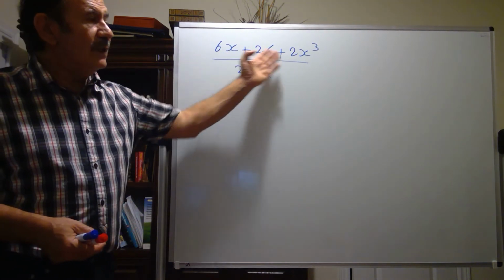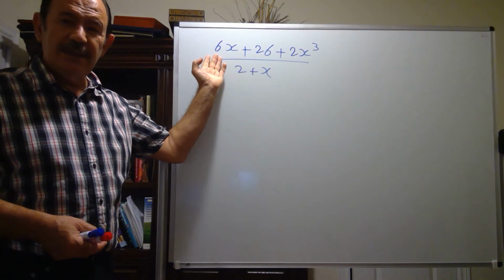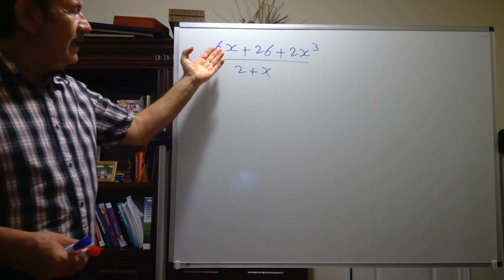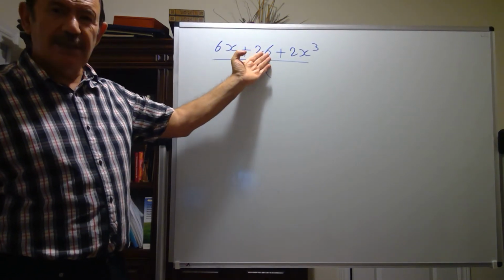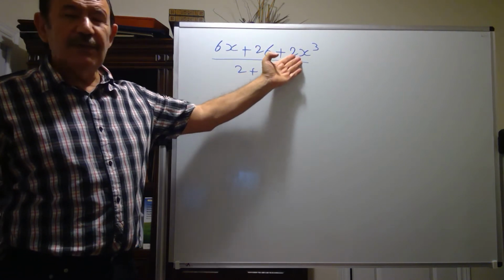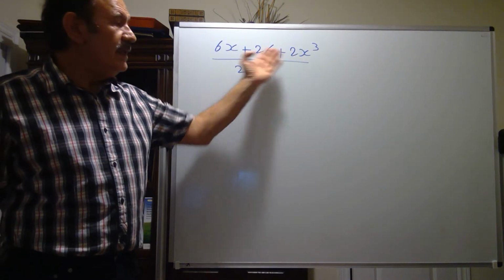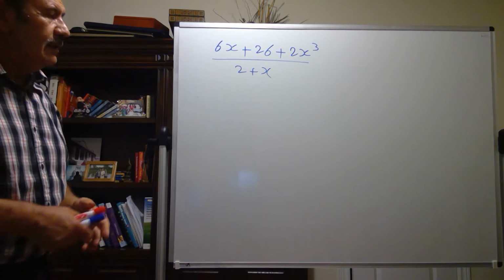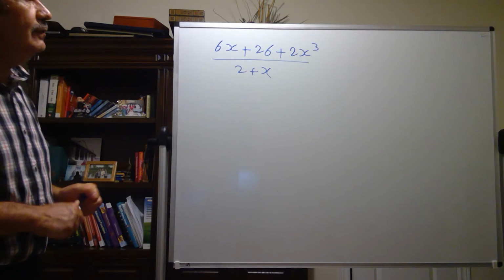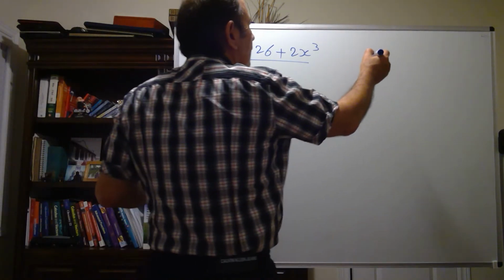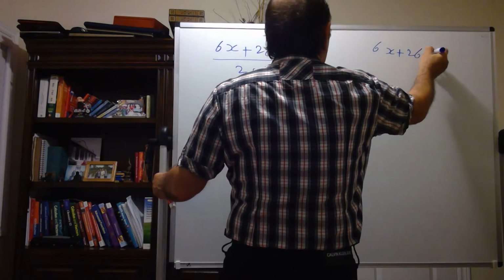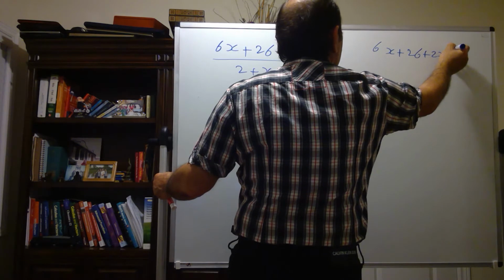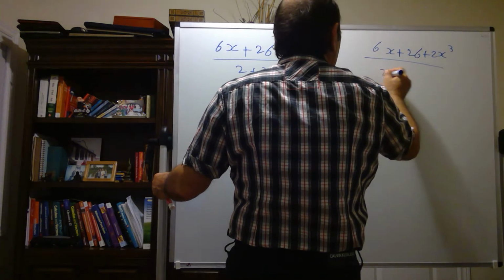First, we have to order from highest degree to lowest degree. As you see, in this case it is not in order. X to the power of 1, no x, or x to the power of 0, x to the power of 3, which is not in order. So we should convert it to order. Let me write it down here: 6x plus 26 plus 2x cubed divided by 2 plus x.